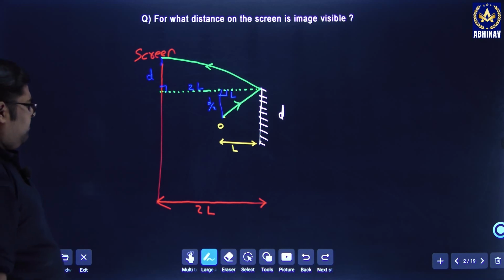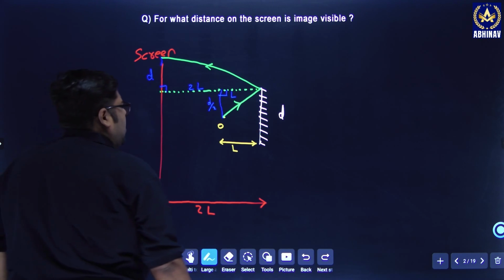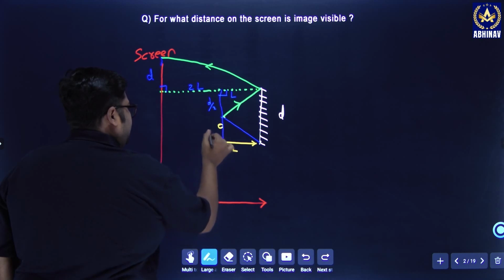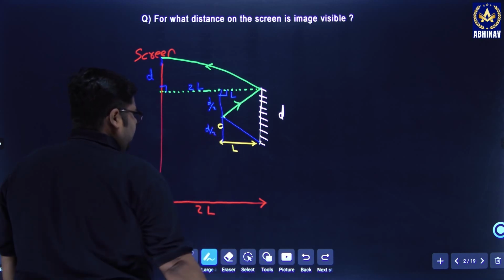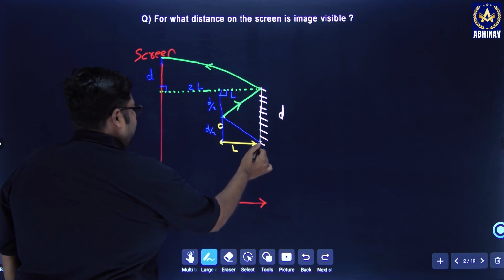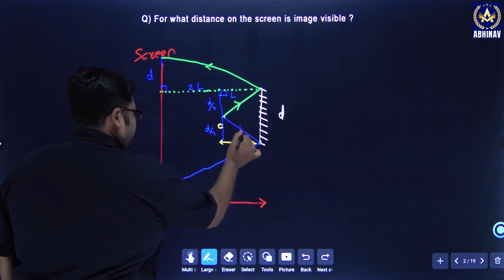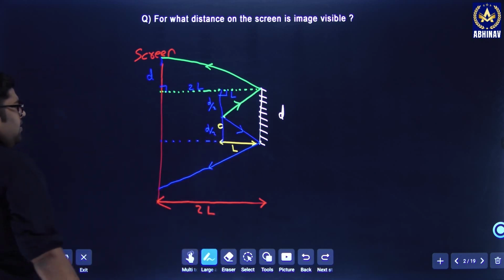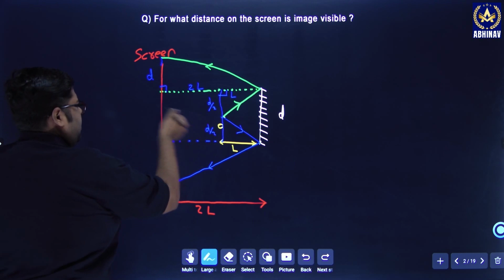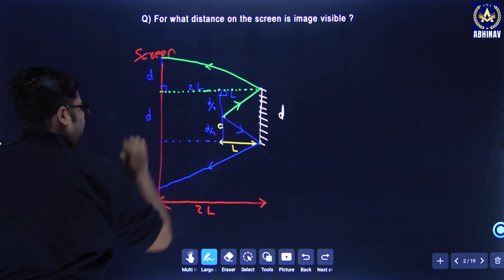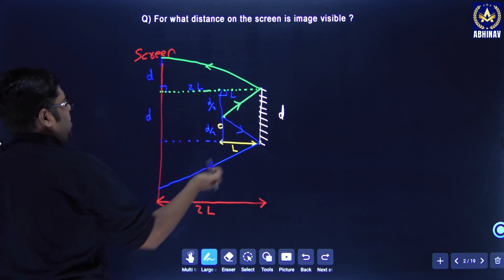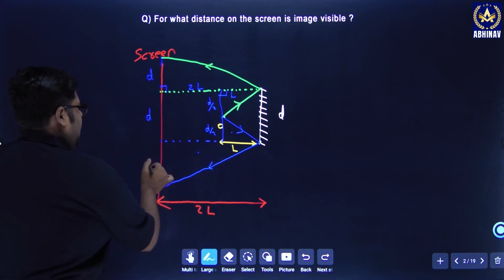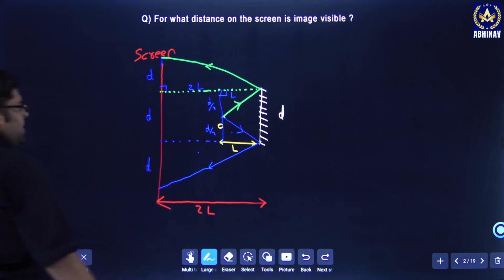In the same way, we can draw the diagram here. Here also you will get a similar triangle, that will be d/2, and a larger triangle, of course, according to the laws of reflection. So this distance is d, this is already given to us as d, and similarly we show these two triangles as similar with all the same values, and this distance also will be d.